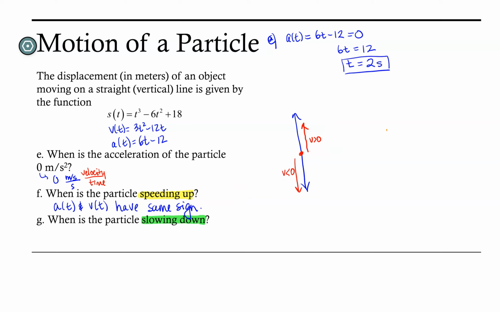Now let's think about the reverse scenario. Let's say I'm headed northward and my velocity is positive because that's the direction I'm traveling. But now instead of pressing on the accelerator pedal to increase my velocity, I press on the brake pedal, and that's going to decrease my velocity, so my acceleration is negative.